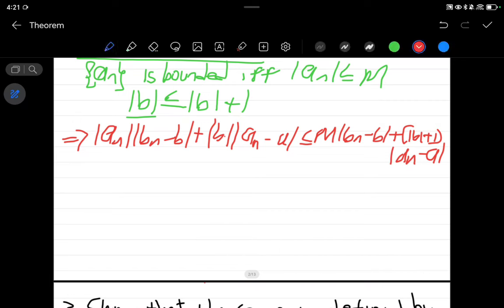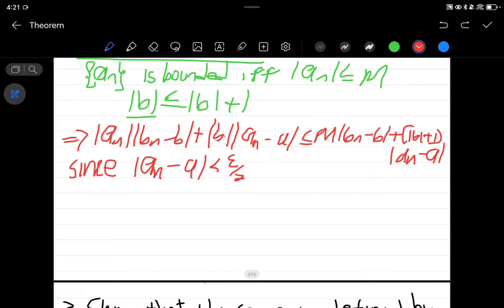Here we know again that the absolute value of an minus a is less than e over 2, right? This can also imply something about the absolute value of an.